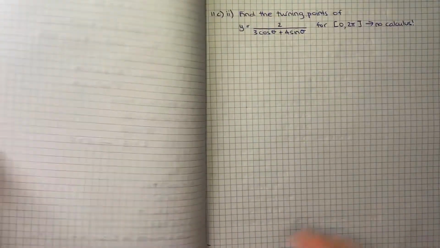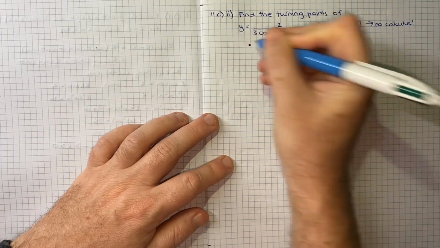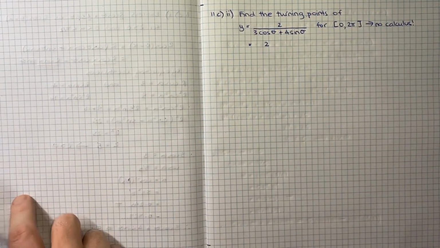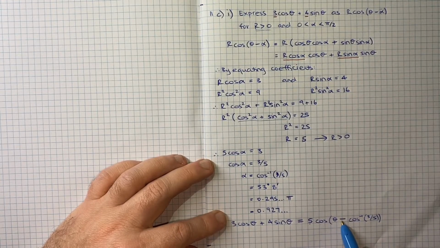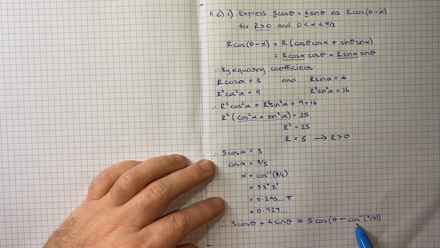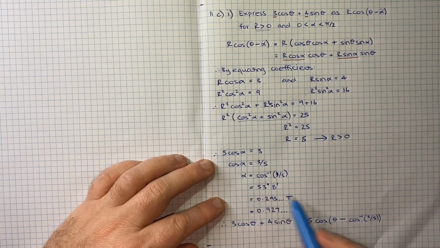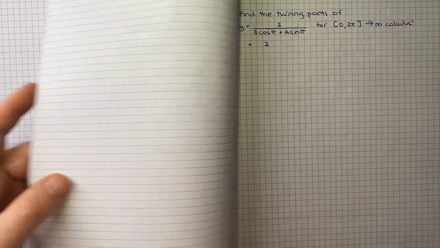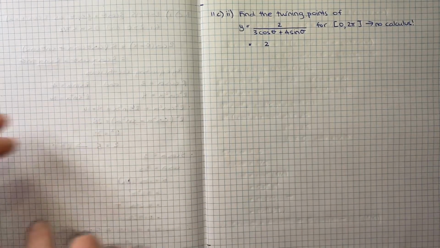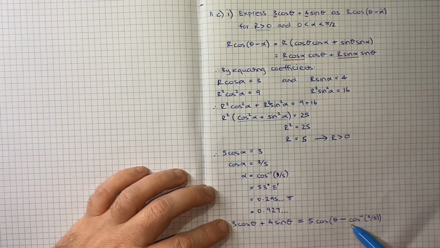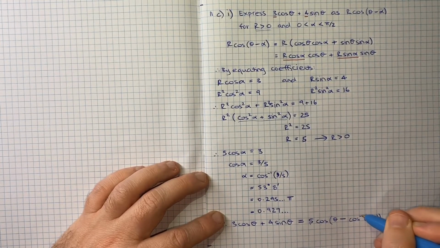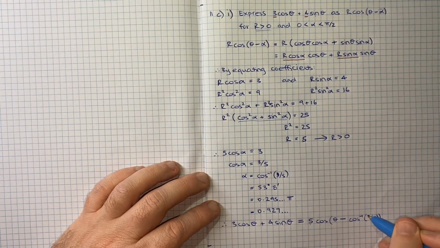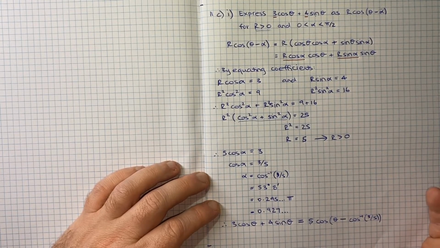So we can actually write this curve as being equal to 2 divided by 5 cos theta minus inverse cos of 3 on 5, which is alpha. And maybe just for simplicity in terms of writing, I might just leave alpha as alpha rather than writing it out, and we can just evaluate it when we need to at the end, when it comes time to get out our calculator.